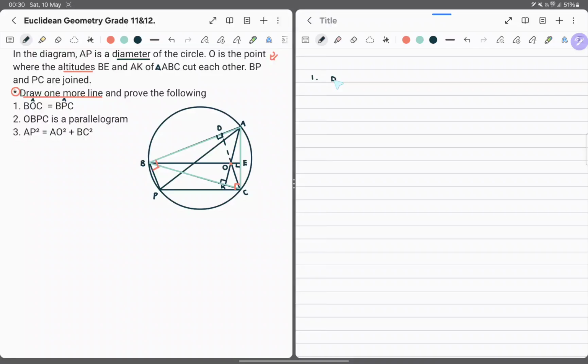We will just say produce CO to D. That is our construction. Of course, we get a mark for doing the construction. Okay, we did that. Now what are we going to do next?